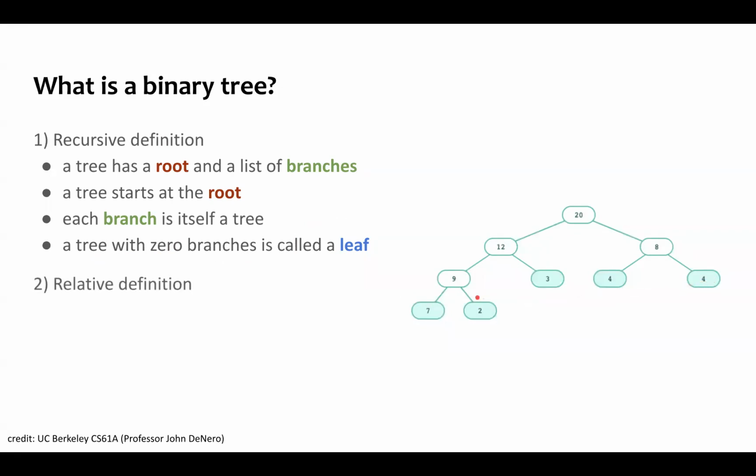And there is a second definition that is called the relative definition. Each location in a tree is called a node. So as I mentioned, these things are called nodes. And each node has a value. Although we have integers in our example, these nodes can have other values like characters or strings.